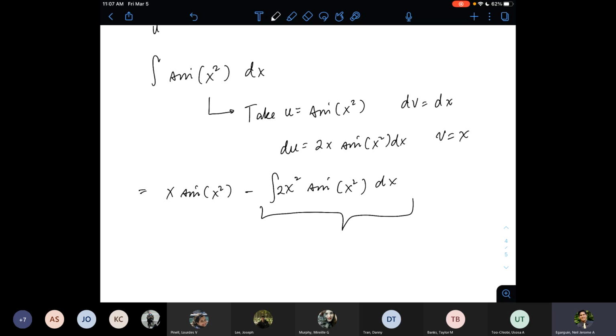But the problem with integration by parts here is we will have the integral of sine x squared once more. So I guess if I'm not mistaken, this integral is not of an elementary form, meaning there's no way you can integrate this exactly. Let me just double check if that's the integral that I was thinking.